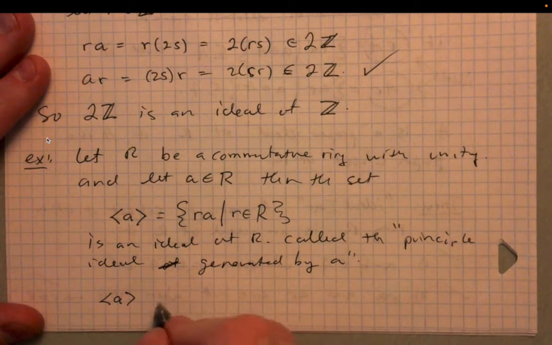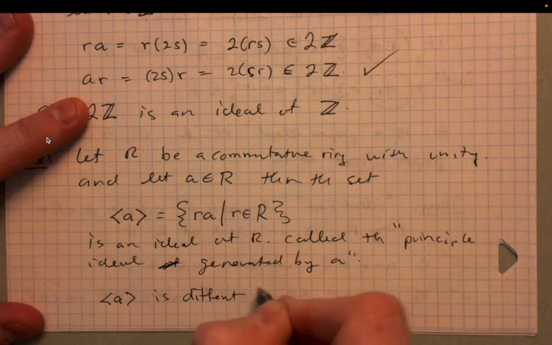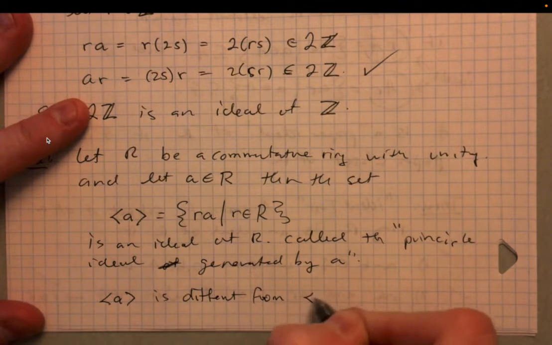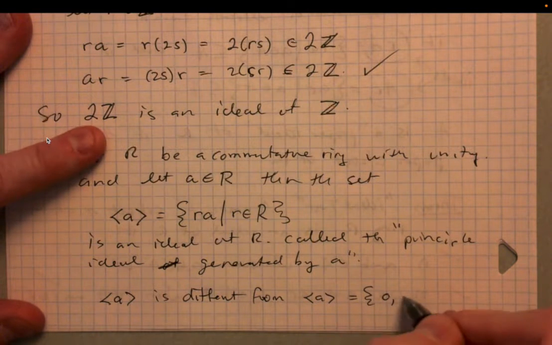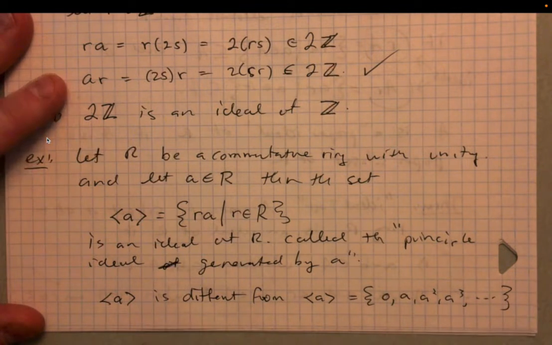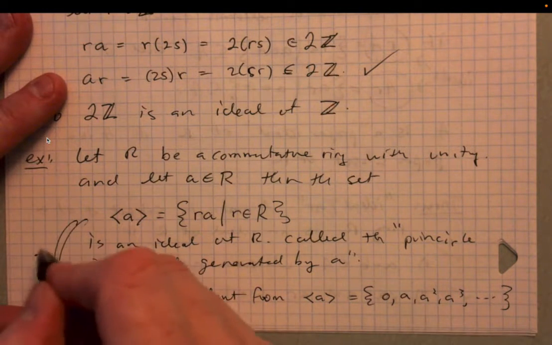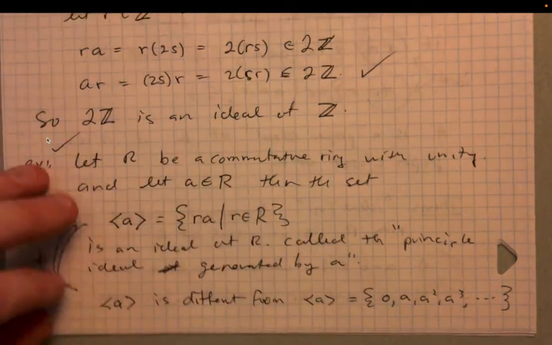Notice that (A) is distinguished from the old notation. We used this previously to denote the set 0, A squared, A cubed, and so on. Right, so these are not the same. Just be careful of that. It's just notation, and the context matters, so you have to be a little bit careful. Okay, so that's another example.